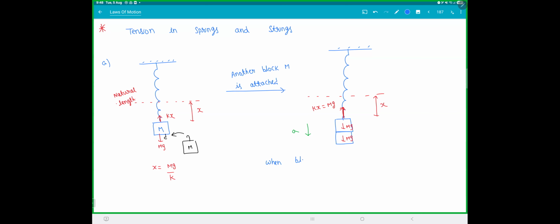So when the block is attached, the elongation doesn't change suddenly. It takes time. It does not change immediately.